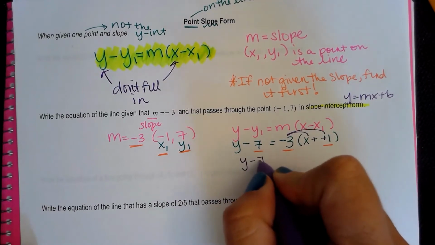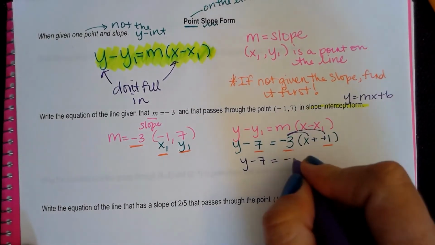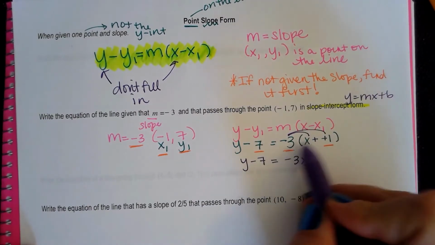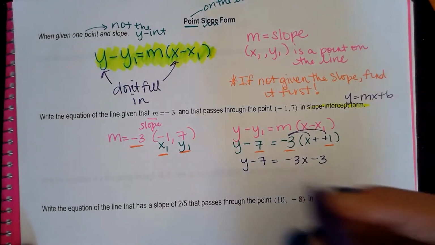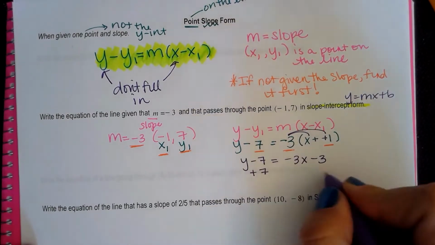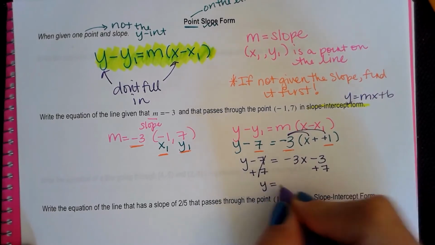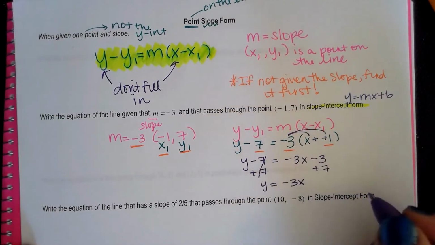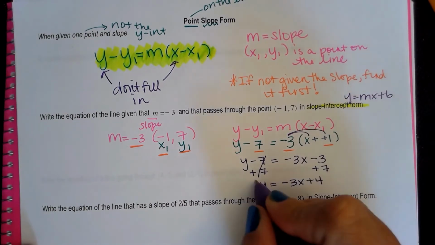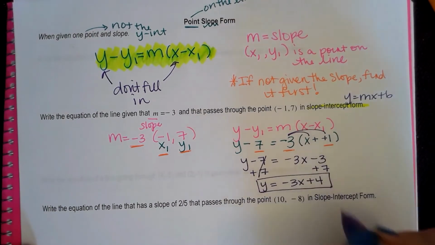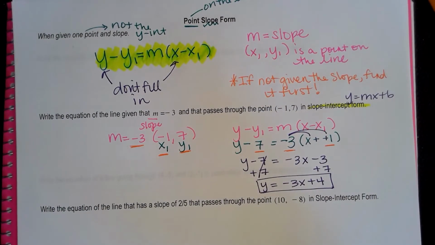So this says y minus 7 equals -3x. -3 times 1 is -3. And then I can add the 7. So y equals -3x, and then -3 plus 7 is 4. Okay, and that is my slope-intercept form.